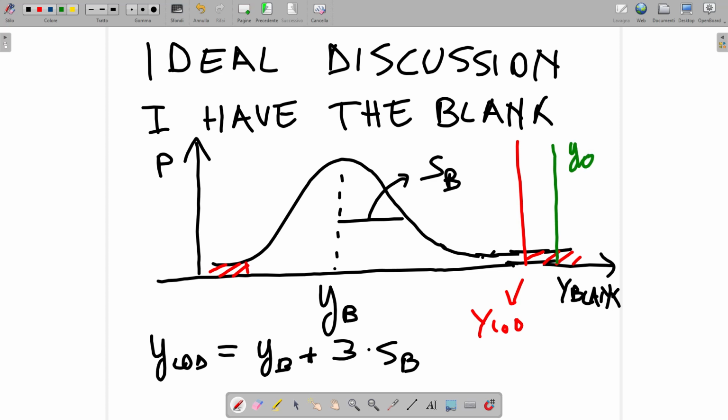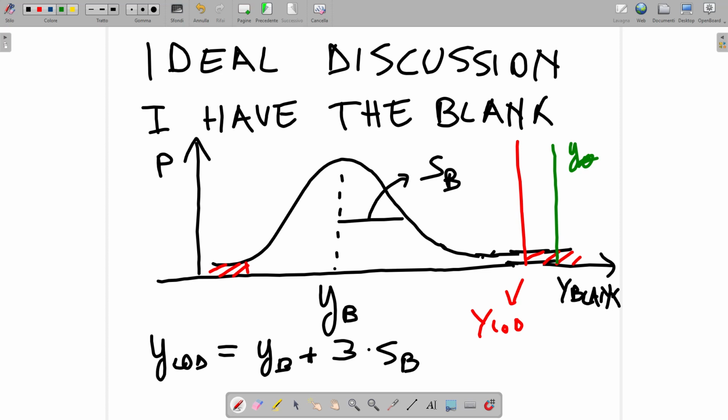I mean, in this situation, if I observe this signal Y0, okay, if I observe that value of signal for my unknown, I decide the analyte is present because Y0 is higher than Y LOD. Is it clear for you?